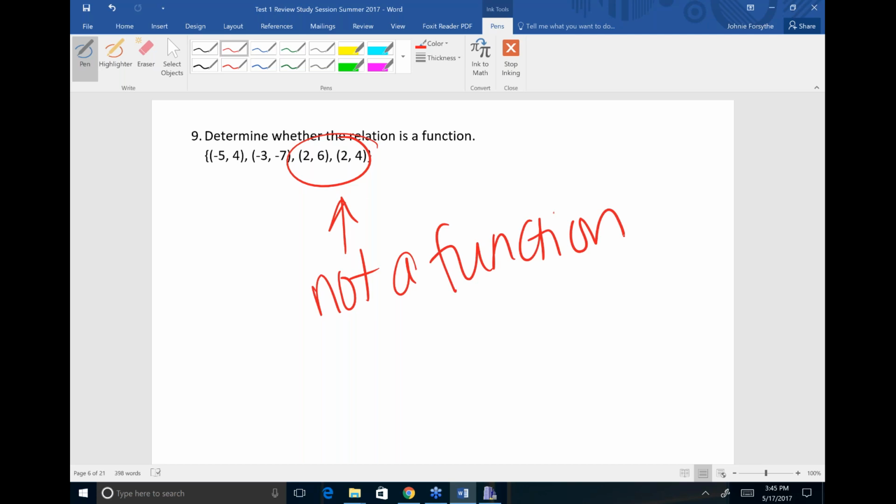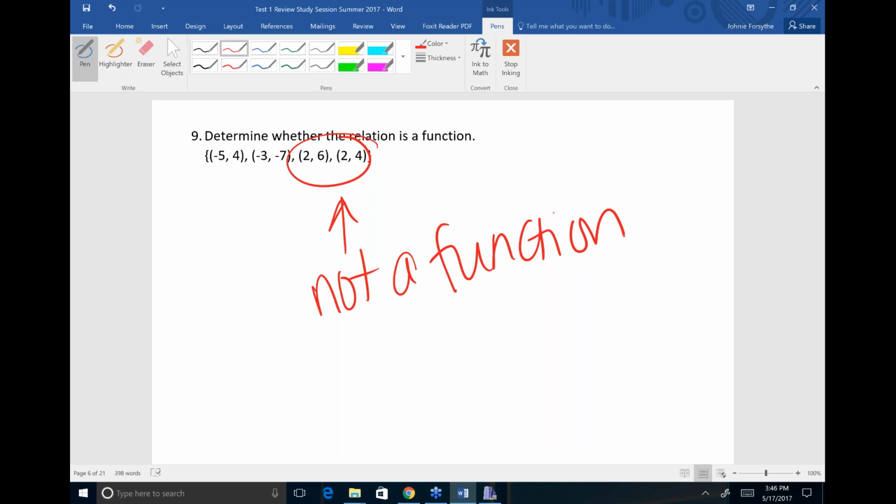So if you were to plug in a value for x, it should only give you one y. Now, multiple x values could give you the same y value. That's okay. But the same x value cannot give you a different y value.